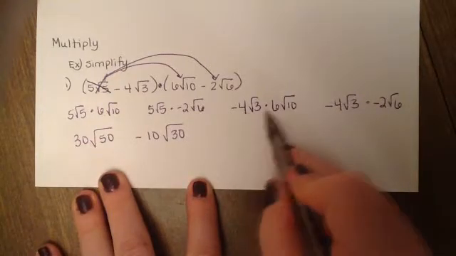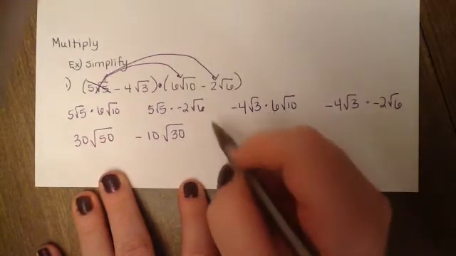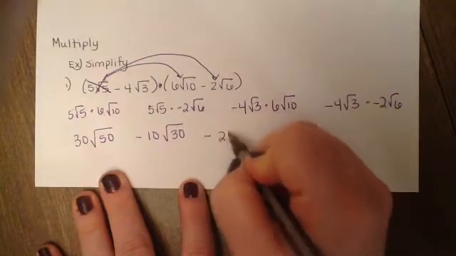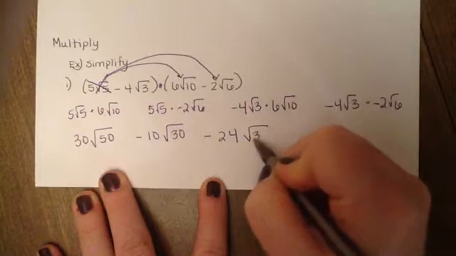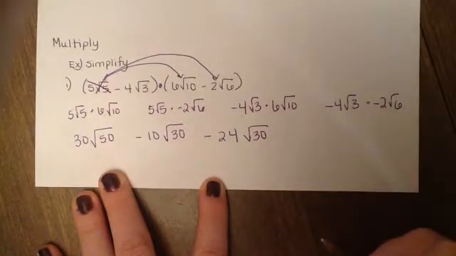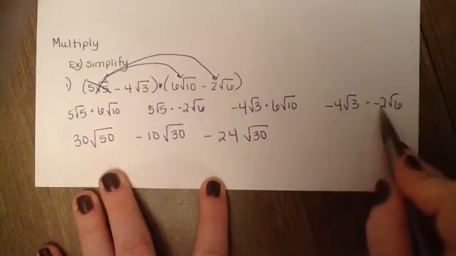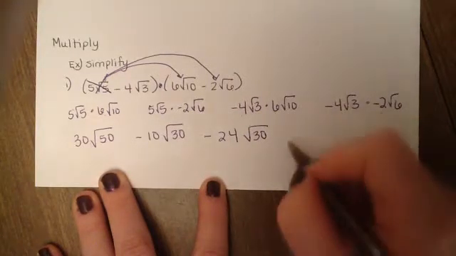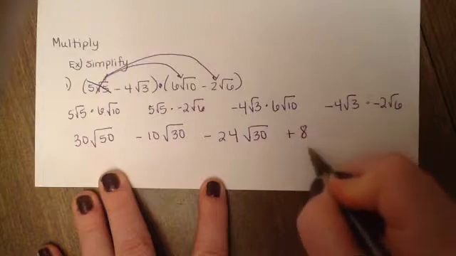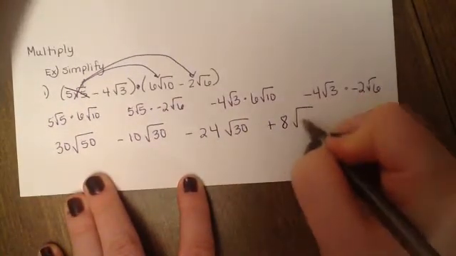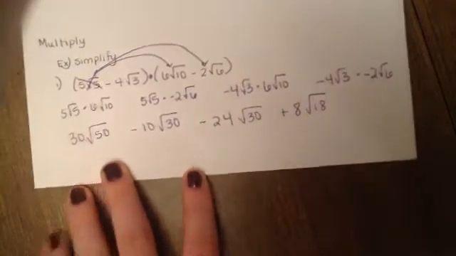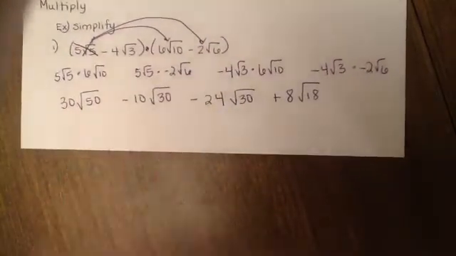Same thing here, negative 4 times 6, negative 24 root 3 times 10, 30. And lastly, negative 4 times negative 2, positive 8, 3 times 6, square root 18. We're really close to being done.